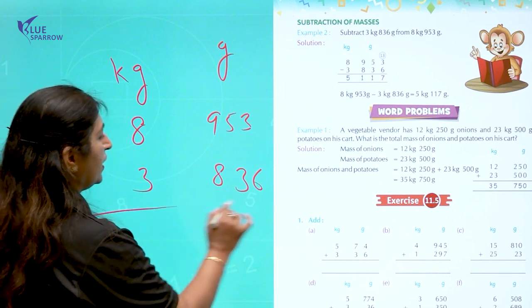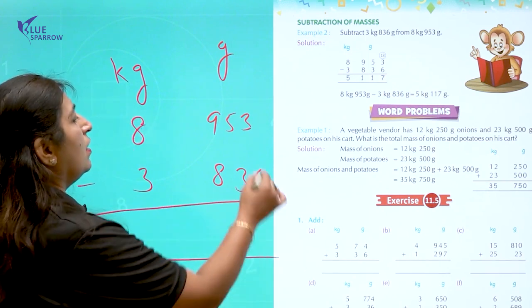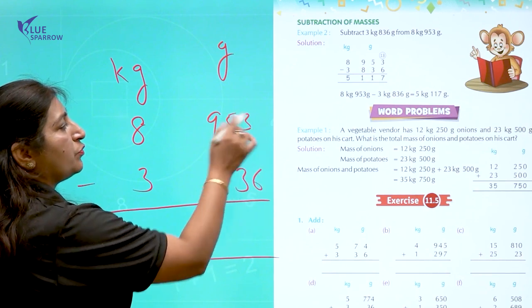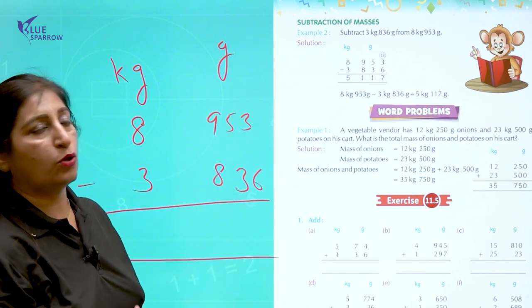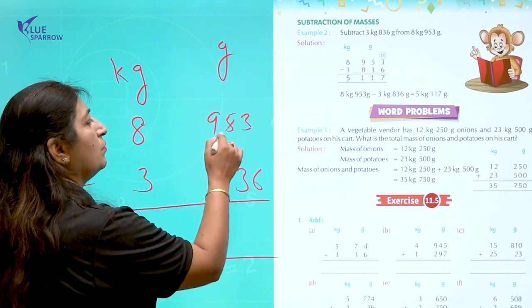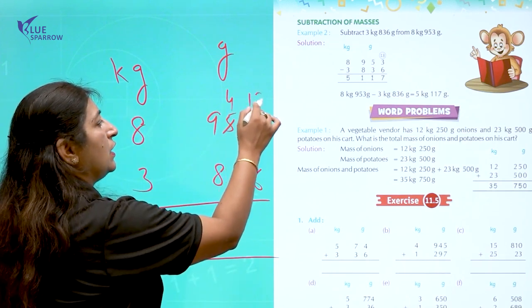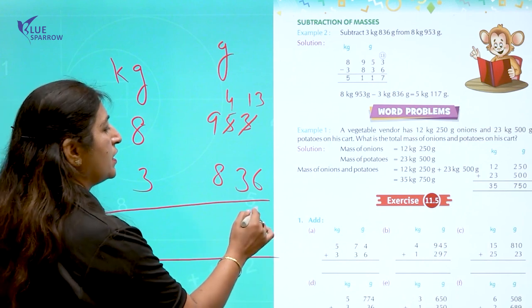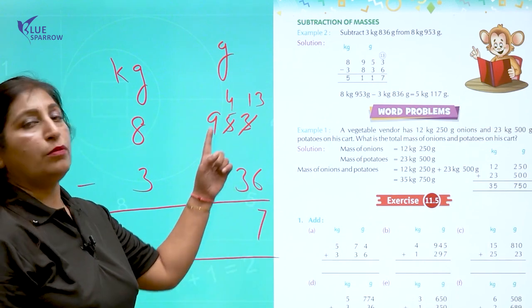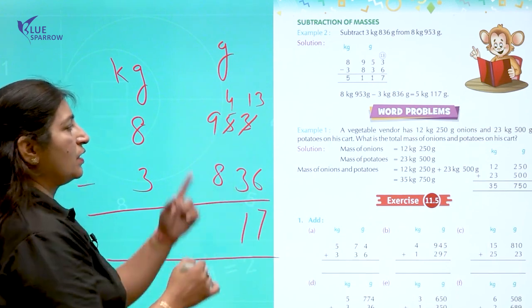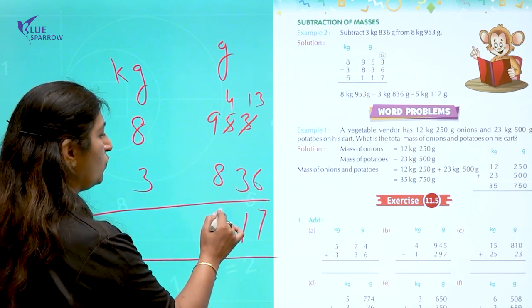Now we are going to subtract these masses. While subtracting 6 from 3, we have to borrow one digit from tens column. Here we would be left with 4 and it would become 13. 13 minus 6 gives us 7. 4 minus 3 gives us 1. 9 minus 8 gives us 1.